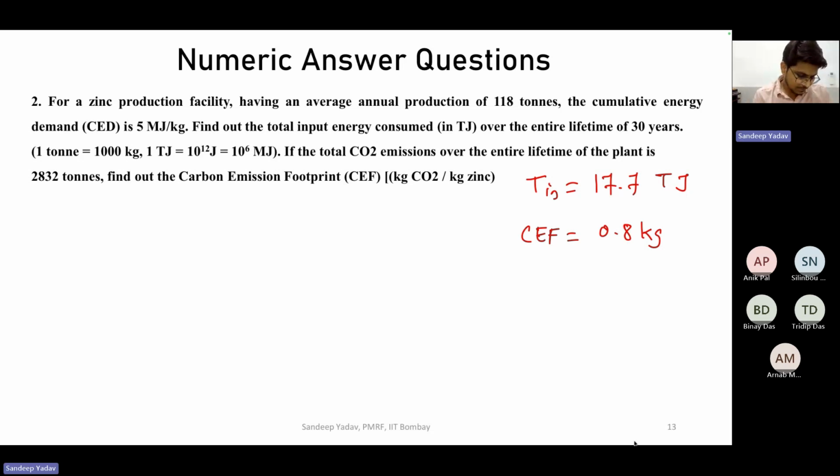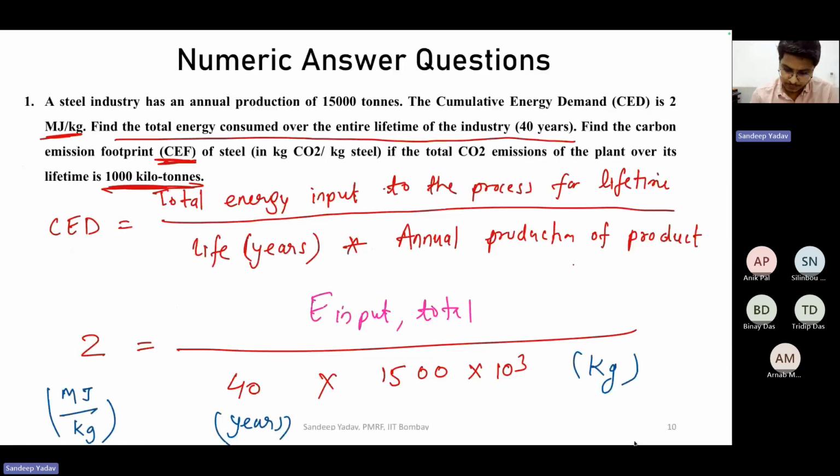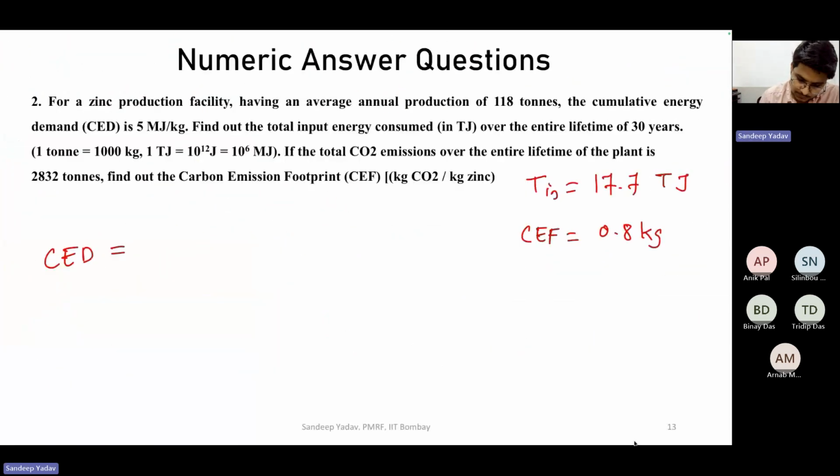Okay, so I will just briefly explain. The CED formula we know, I will not explain it, I will just take it from there. CED is the total energy input of the lifetime divided by lifetime into the annual production of the product. CED is given as 5.